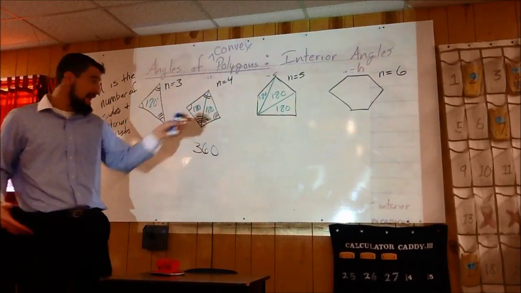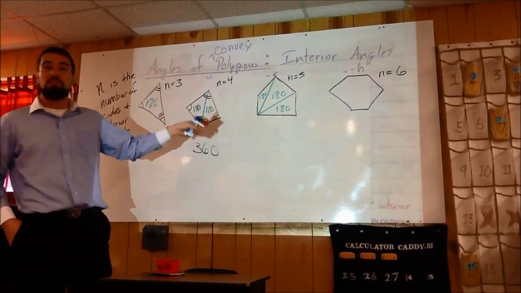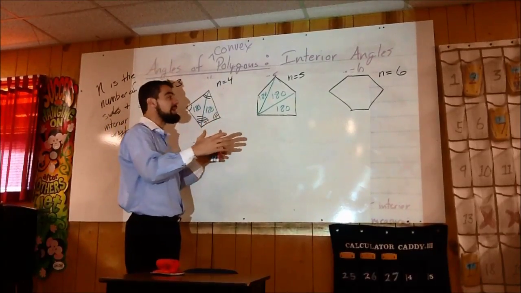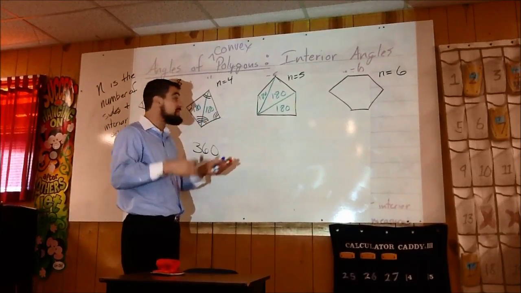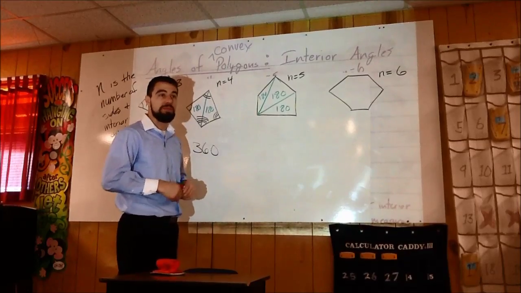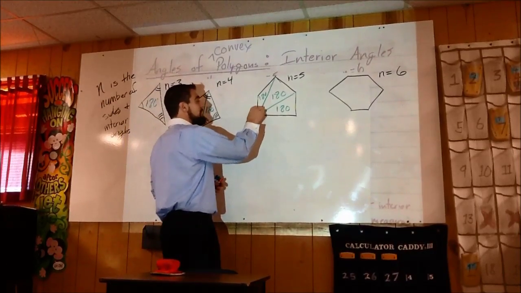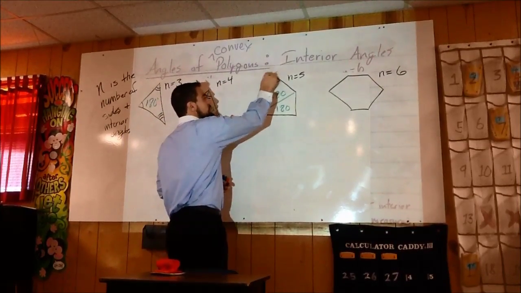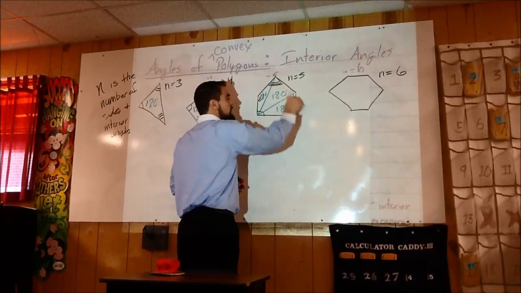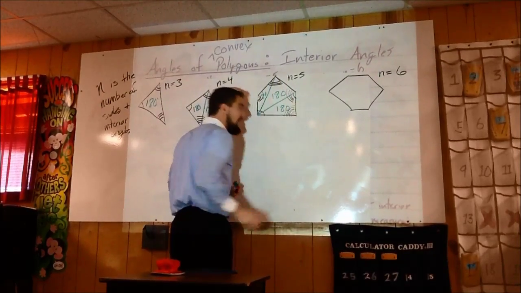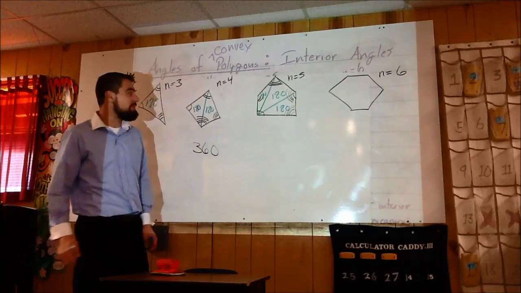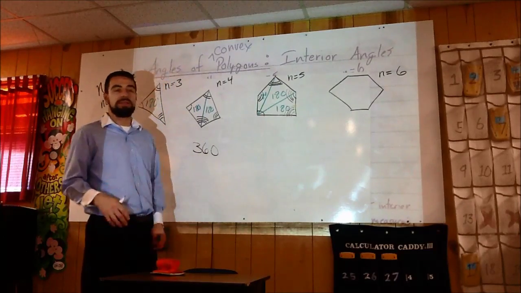All pentagons can be broken up into 3 non-overlapping triangles, and you can add up all their angle measurements. So when we add up the 1, 2, 3, 4, 5 interior angles of a pentagon, what is that sum going to be?